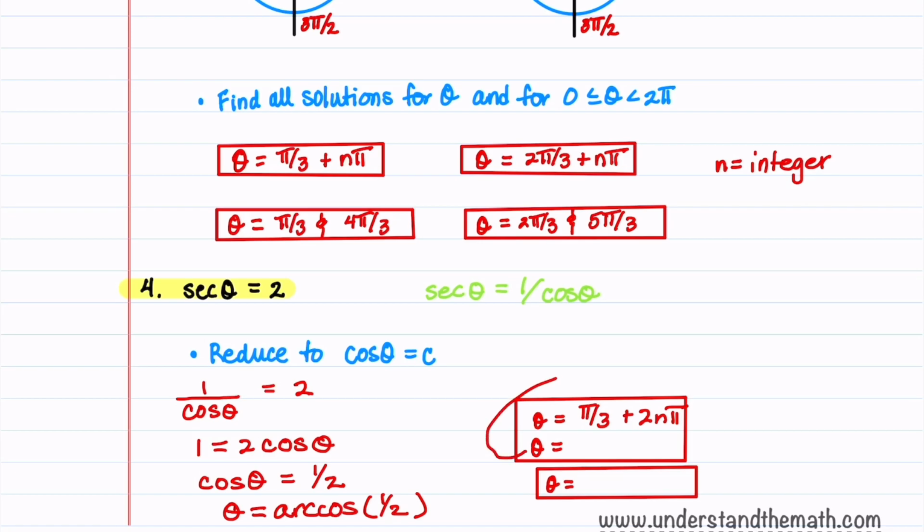And in quadrant 4, our theta is going to be 2 pi minus pi over 3. And that gives us a value of 5 pi over 3 plus 2n pi. So between 0 and 2 pi, our theta is equal to pi over 3 and 5 pi over 3.